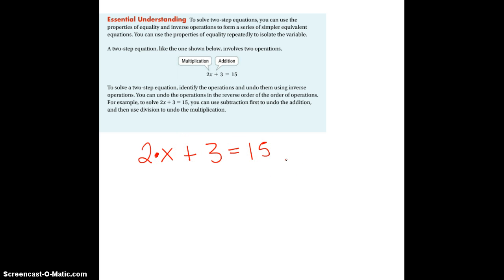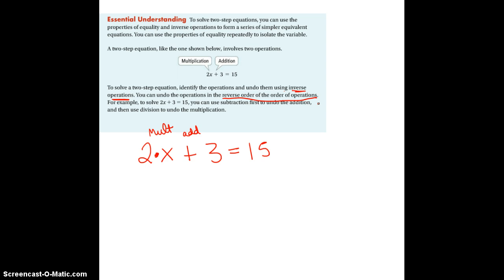To solve a two-step equation, identify the operations. So this one was multiplication, this one was addition. So after you identify the two operations, then what you're going to do is undo them using inverse operations. In other words, we are going to reverse the order of operations.